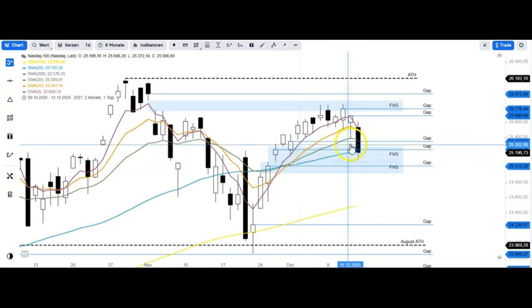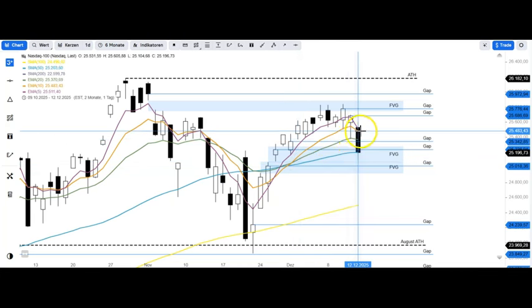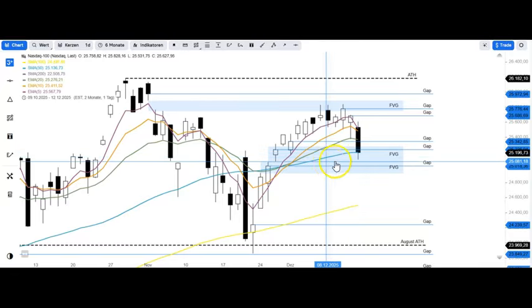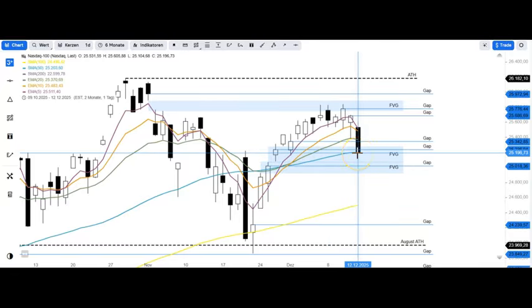And the 20 got support on Thursday, and then it got lost on Friday as well. So the short-term trend turned already bearish. And the first intermediate trend, which is the daily 50-day moving average, it's a blue line here, jumped in as support on Friday, and the NASDAQ closed right at it.